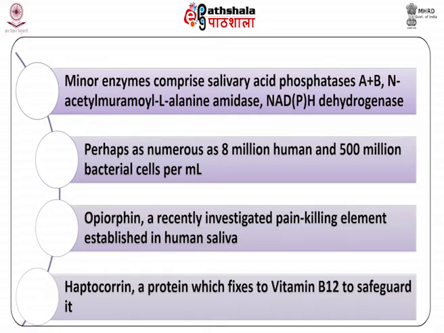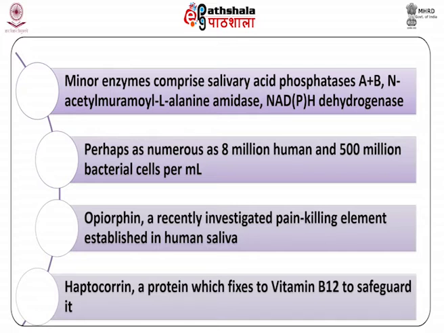Then we have cells, perhaps as numerous as 8 million human and 500 million bacterial cells per milliliter. The existence of bacterial products, that is small organic acids, amines and thiols, causes the saliva to occasionally display a foul odor.